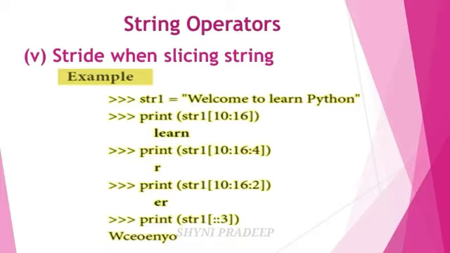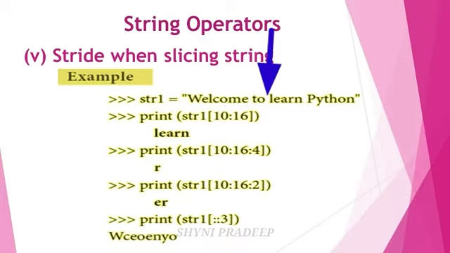So W is 0, E is 1, L is 2, C is 3, O is 4, M is 5, E is 6, and then a blank space is given. You have to assign an index position to blank spaces also. For that blank space the index position is 7, and next T is 8, O is 9, the next blank space is 10.